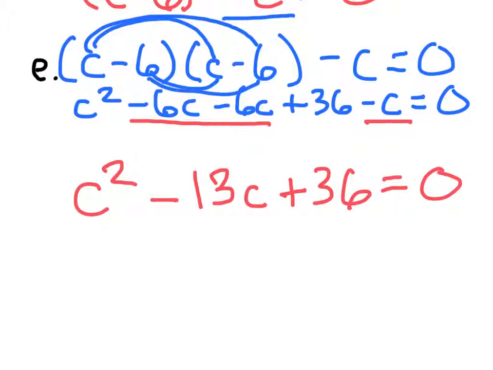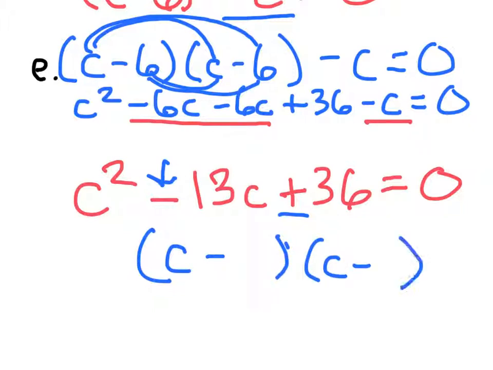Now I know I'm going to factor that. Both signs are negative, so I have (c minus) times (c minus). The factors of 36 that get me to 13 are 4 and 9. That's still set equal to 0.